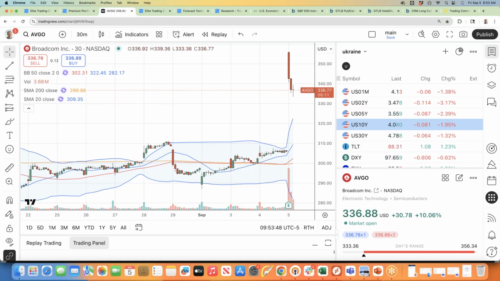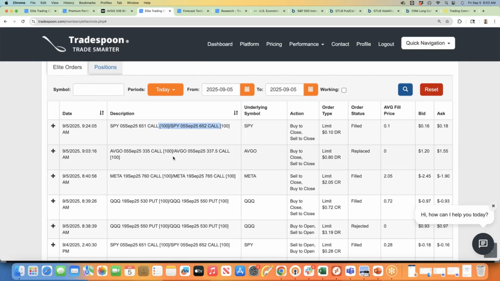So the goal is to close, right? The options that expire today, you do not want to get assigned, right? The worst case scenario, if Broadcom closes at this price and I get assigned on the short call, that means I'm short the stock, right? And then Monday, we have great news about tariff reduction on Japan, maybe tariff reduction on China, and all of a sudden, Broadcom is at 350, right?